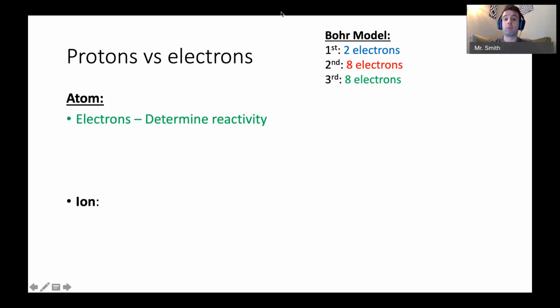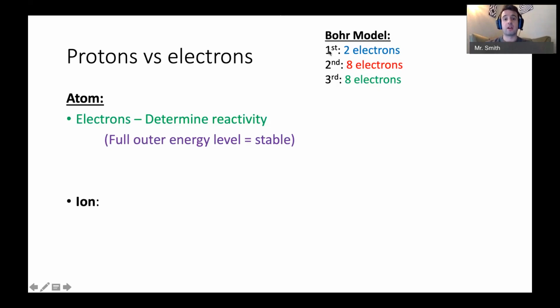Remember in the Bohr model, we said that if you have two electrons, your first energy level is full. If you have eight electrons in the second energy level, that's full. And if you have eight electrons in the third energy level, that's full. So when an atom is stable or not very reactive, that's when it has a full outer energy level.